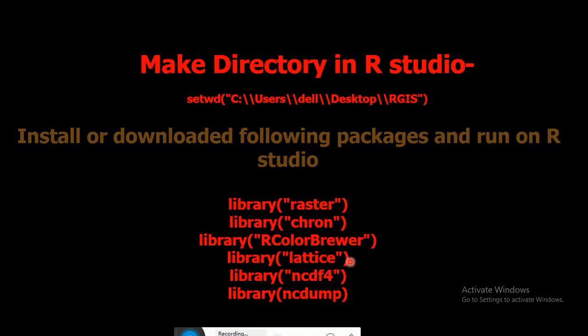The lattice package is used to make a gridded file. The RColorBrewer package is used for color. The chron package is used to extract the time information. Raster is used for image construction.